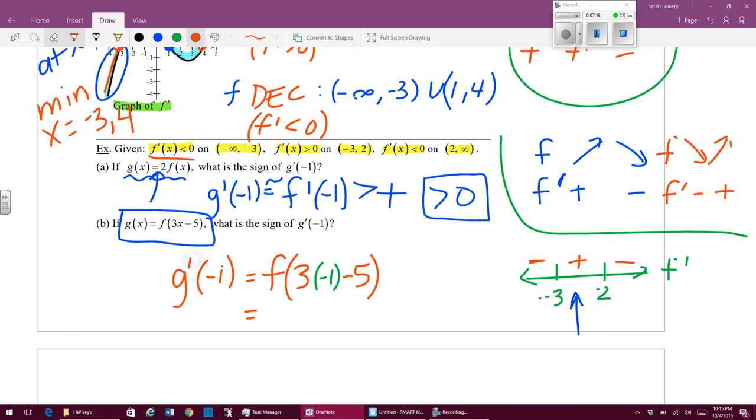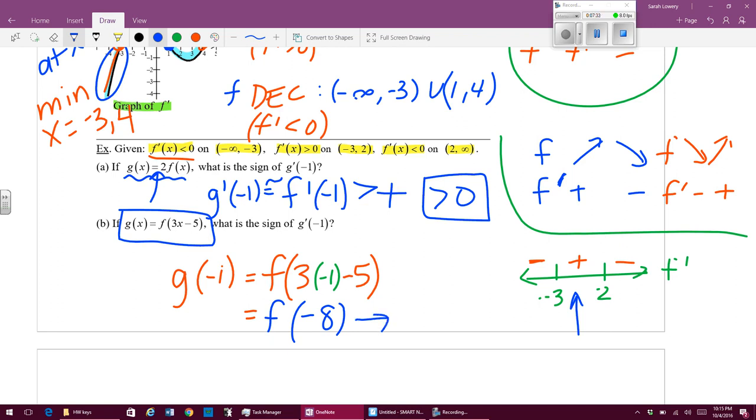I should erase this prime symbol because technically we're not doing a prime yet. So I just want to know what is g of -1. If I do that, I find that this is equal to f of -8. So g of -1 is equal to f of -8.